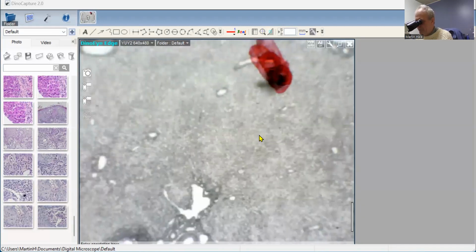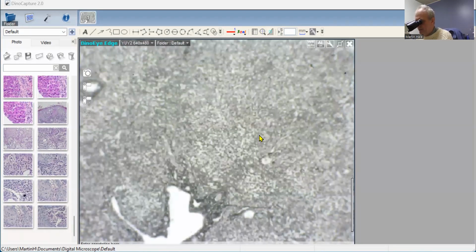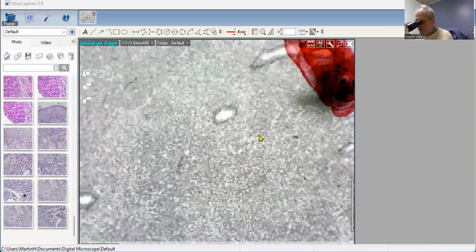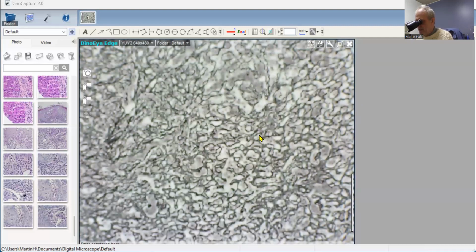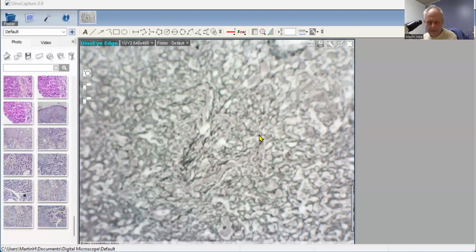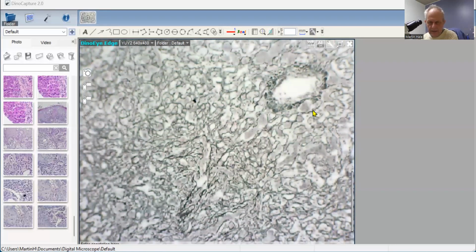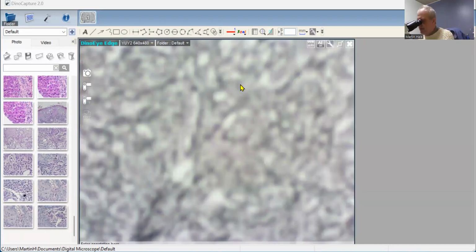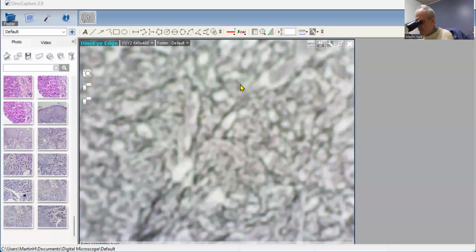So I just picked up this area here to show you two things. First of all, this is a central vein there, and that's a portal tract there. And the first thing is that we've got preservation of the reticulum.